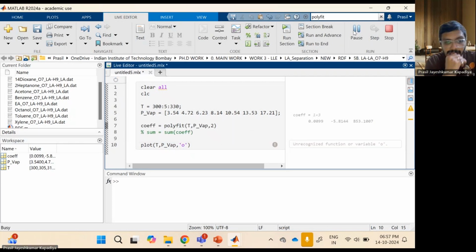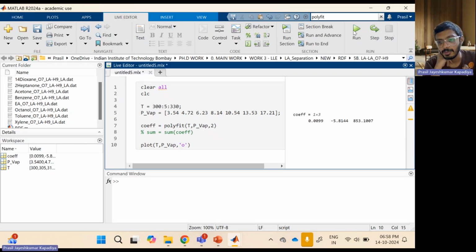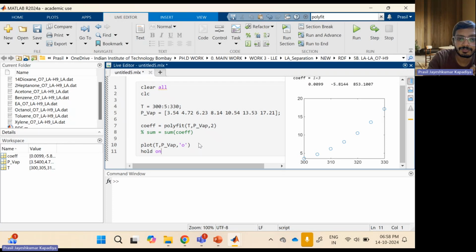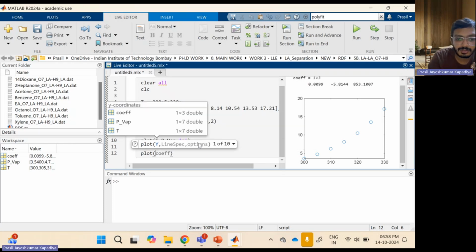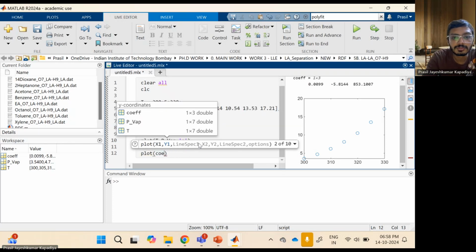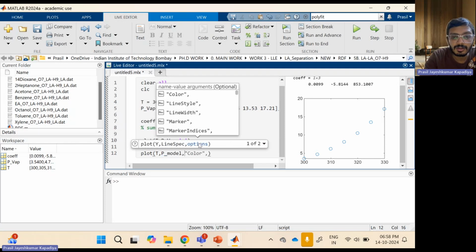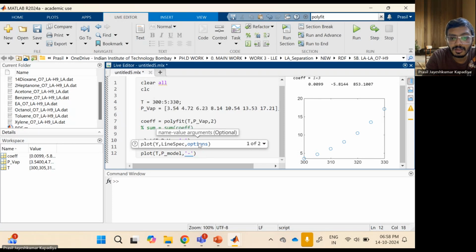This is what I am getting as my curve. Okay, now I want to see how my fitting is. So I will put one hold on. This plot T comma P underscore predicted, or let's say P underscore model comma, I want it as a line.